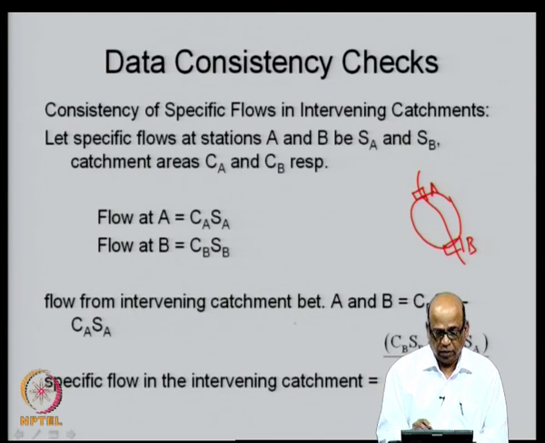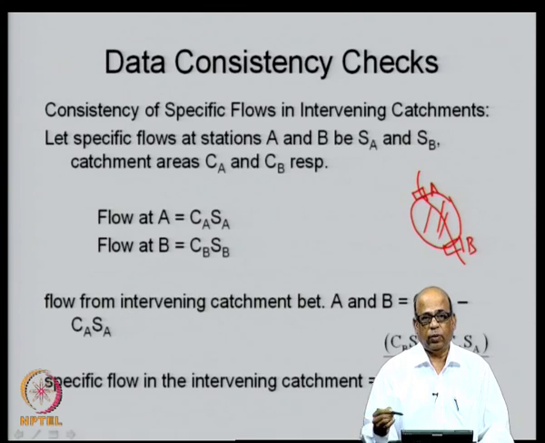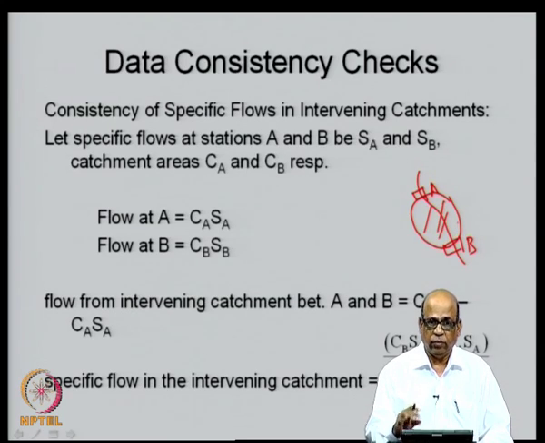From the intervening catchment you get C B S B minus C A S A. This is the flow that is contributed by this particular intermediate catchment, if there are no anthropogenic disturbances, in the sense that you are not using the water in between or there is no addition of water apart from the precipitation.